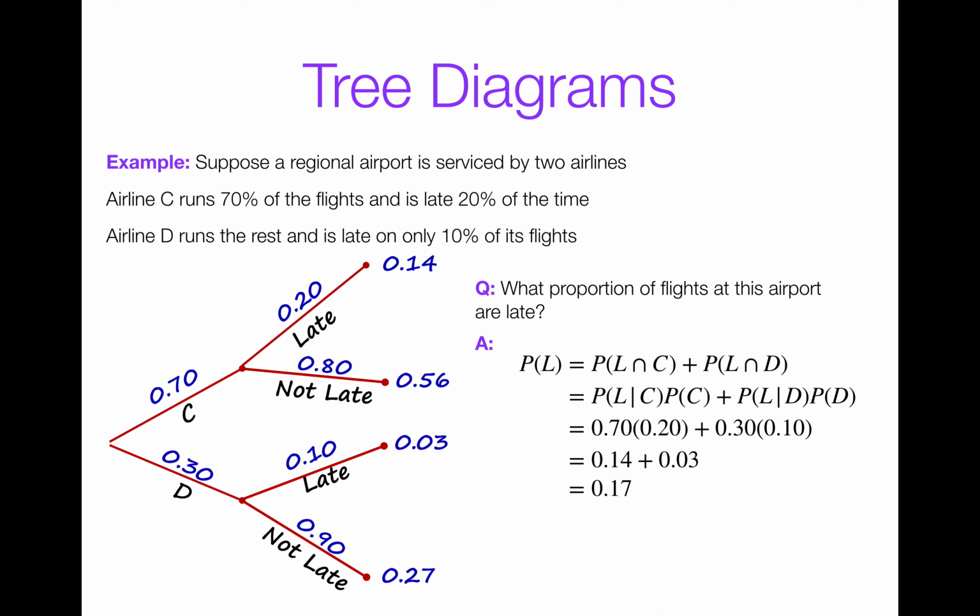But I could completely ignore lines 2 and 3 here of my work because it's already been done for me over in the tree. I know that the probability of being late and from airline C is 0.14, and I know the probability of being late and from airline D is 0.03. So this overall probability, you just add the two, it's 0.17. So it's a 17% chance.